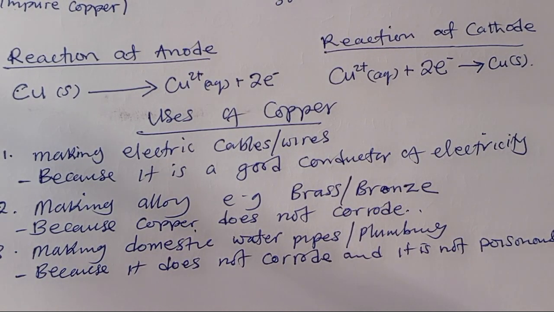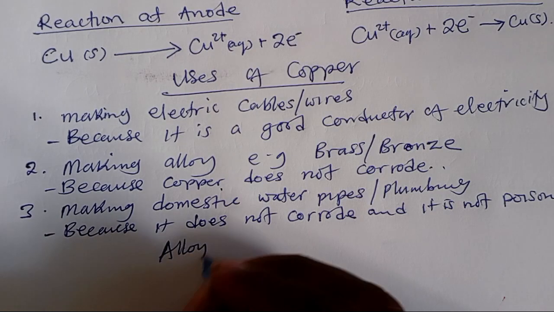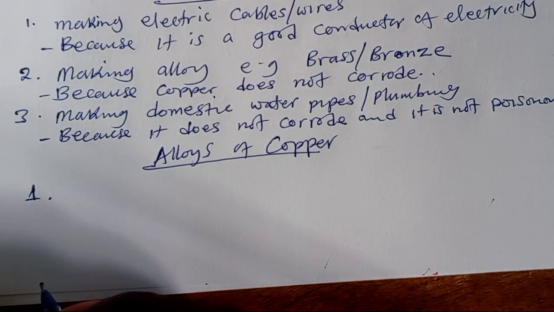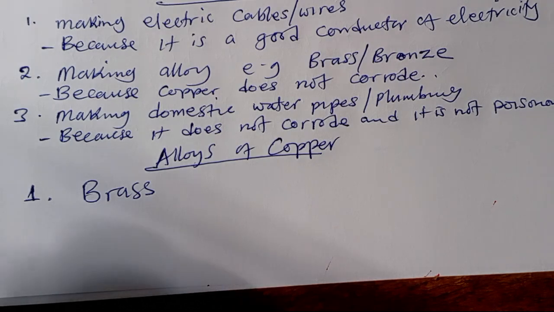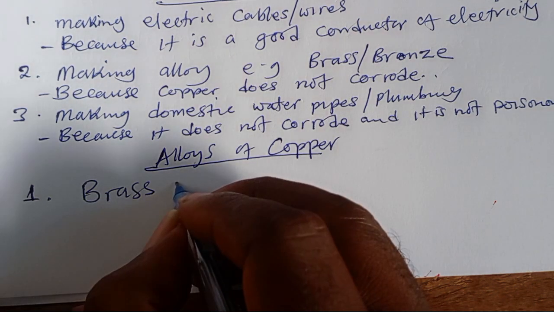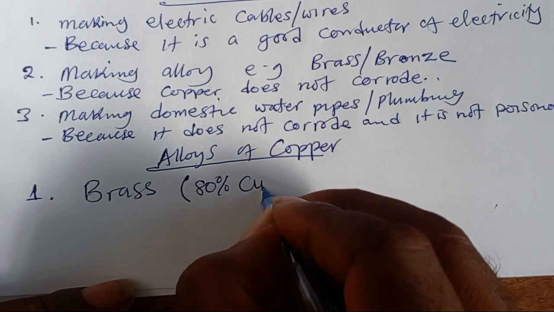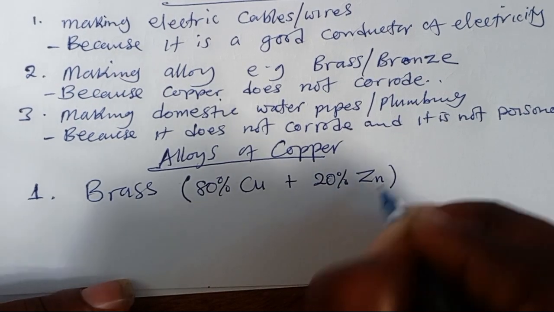The last part, we look at the alloys of copper. Number 1 alloy of copper is brass. Copper is 80% in this alloy brass and 20% zinc.